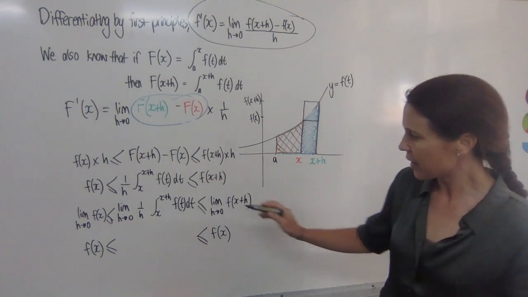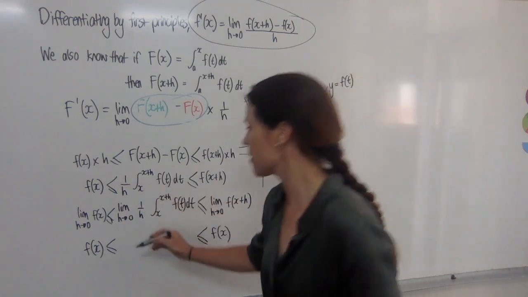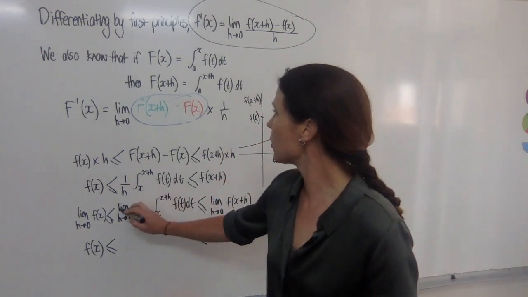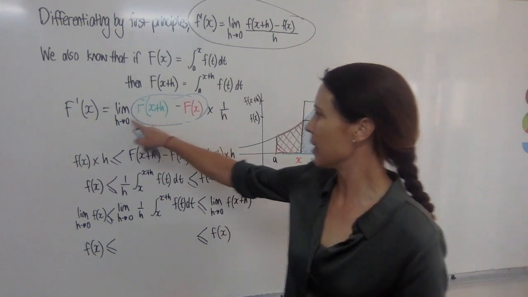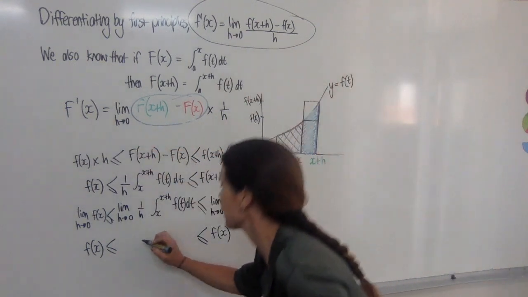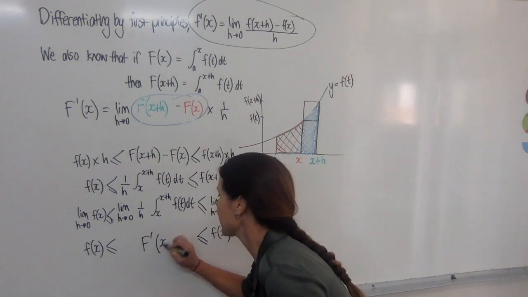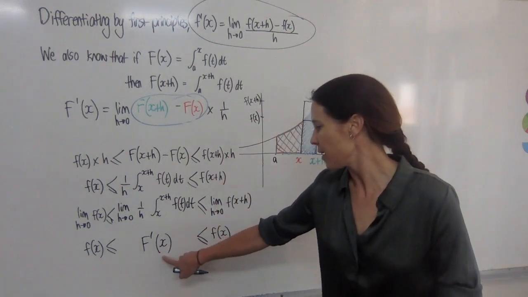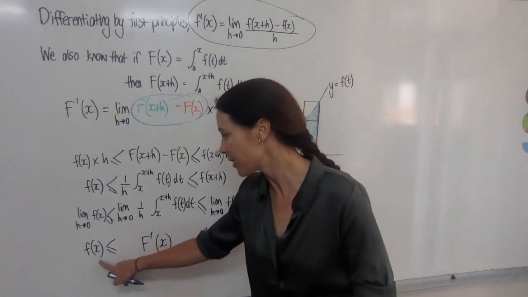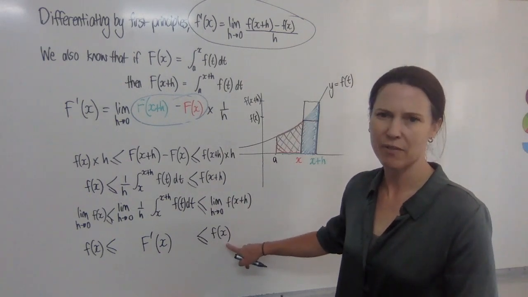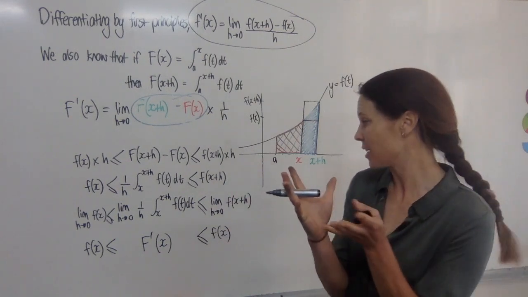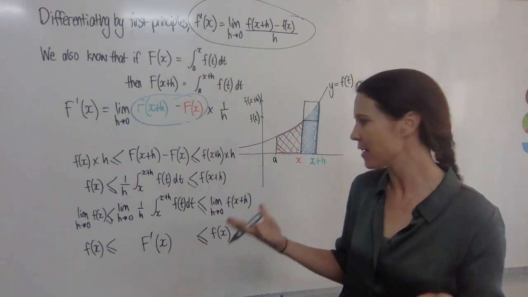So what we've done now is that we've actually found that all of this, and we've defined all of this earlier on, up here as being big F dash x, we've found that it must lie between f of x and f of x. So we've sort of sandwiched it in between two things that are identical to each other.